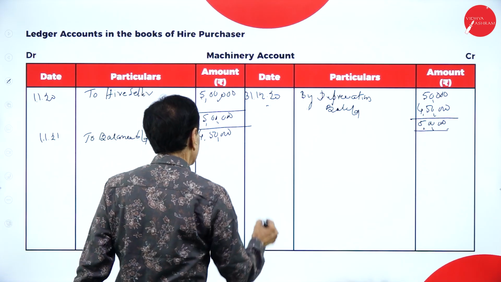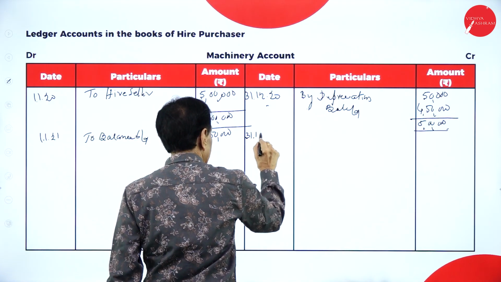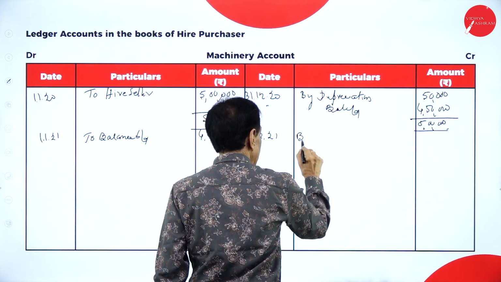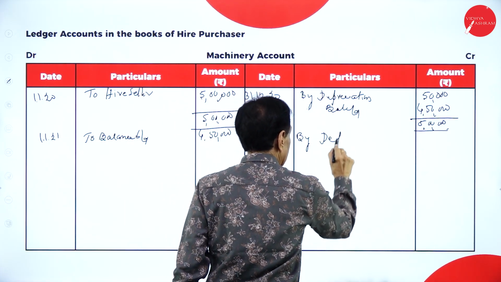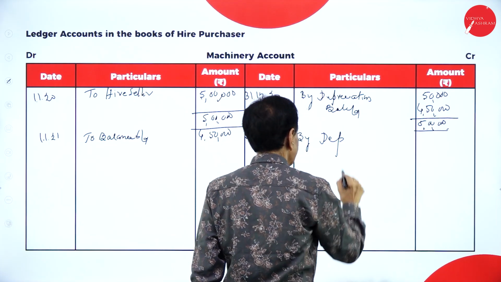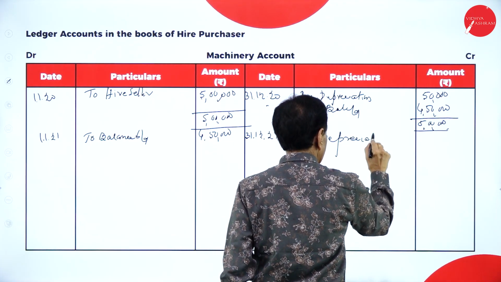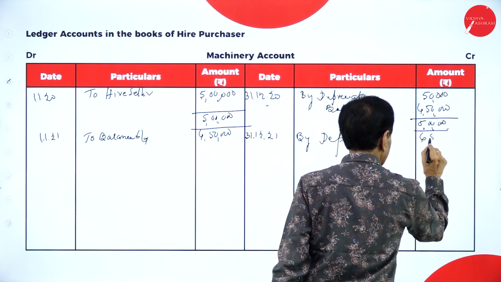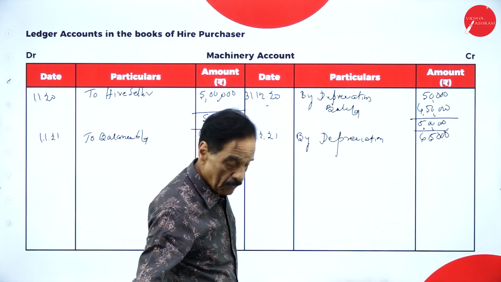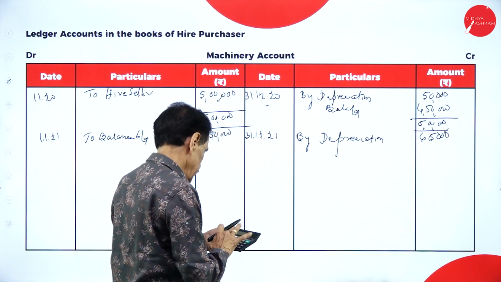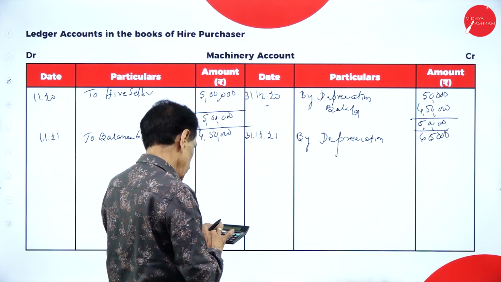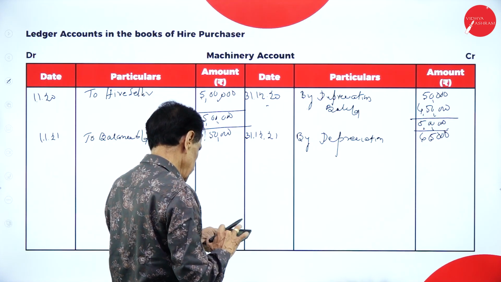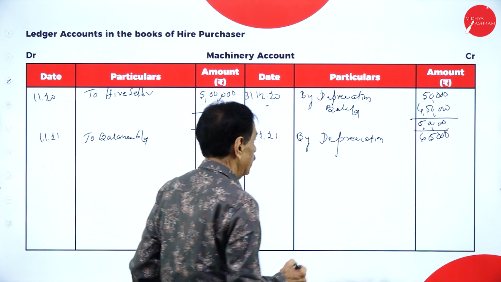Depreciation on this, 31st December 21, by depreciation, 10%, 45,000. 4,50,000 minus 45,000, 4,05,000.